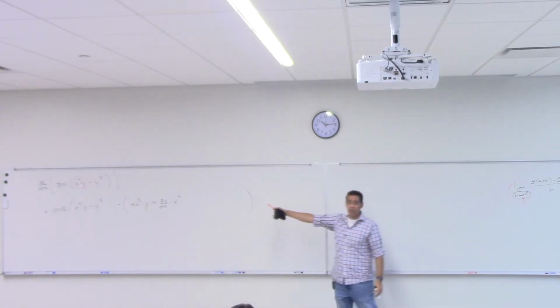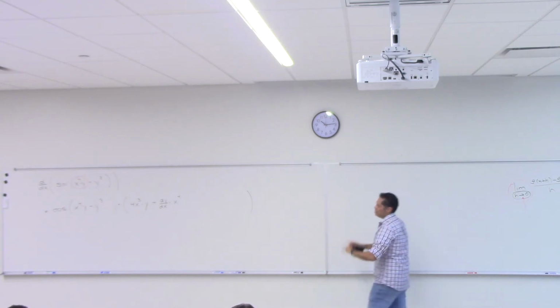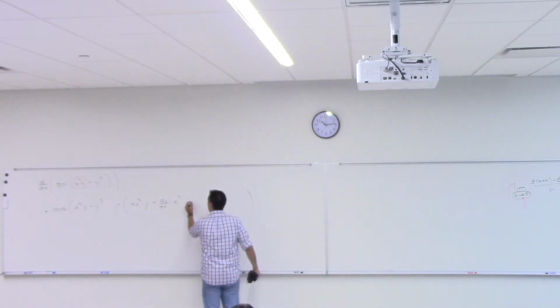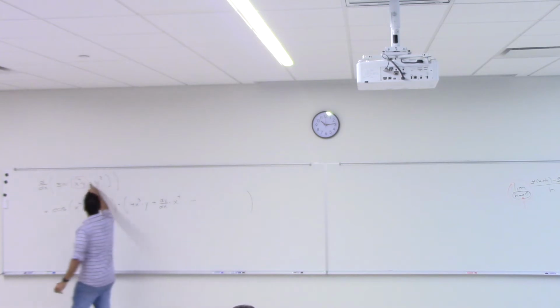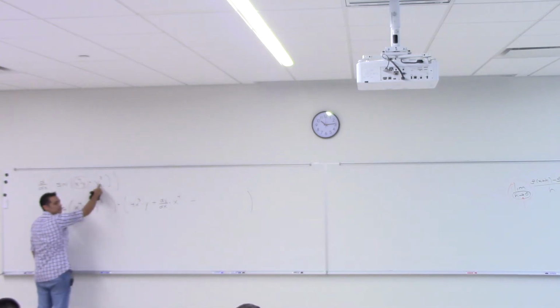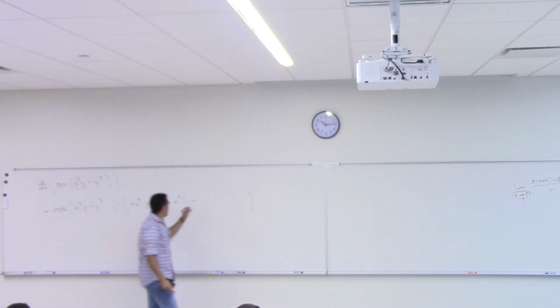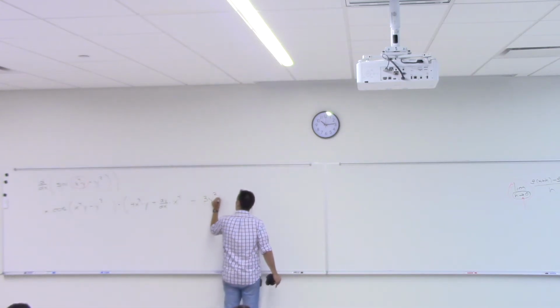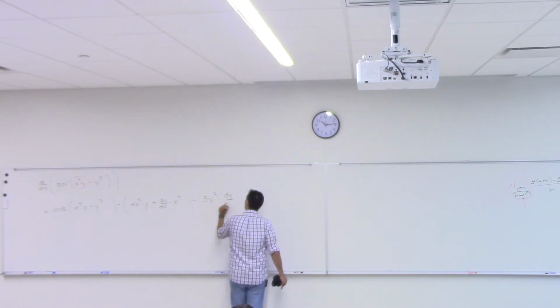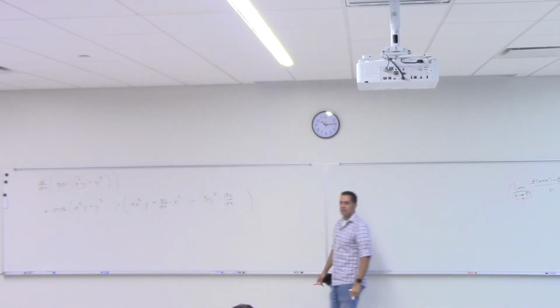That's what the product rule looks like. Now, let's finish it. Minus, now I need the derivative, I did minus right here, now the derivative of this, with respect to x, 3y squared times dy dx. Okay.